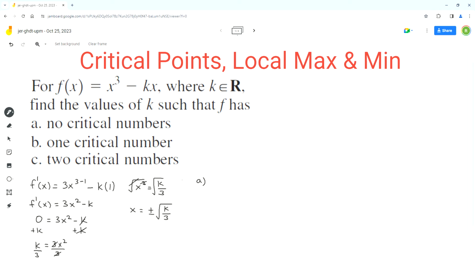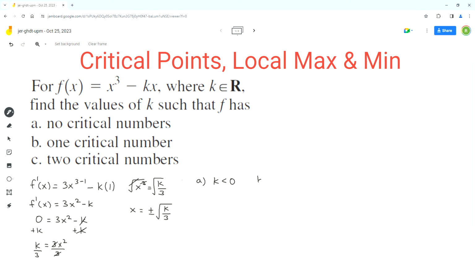So that means we will not get a real value for x if k is a negative number. So this function f will have no critical numbers if k is less than 0.